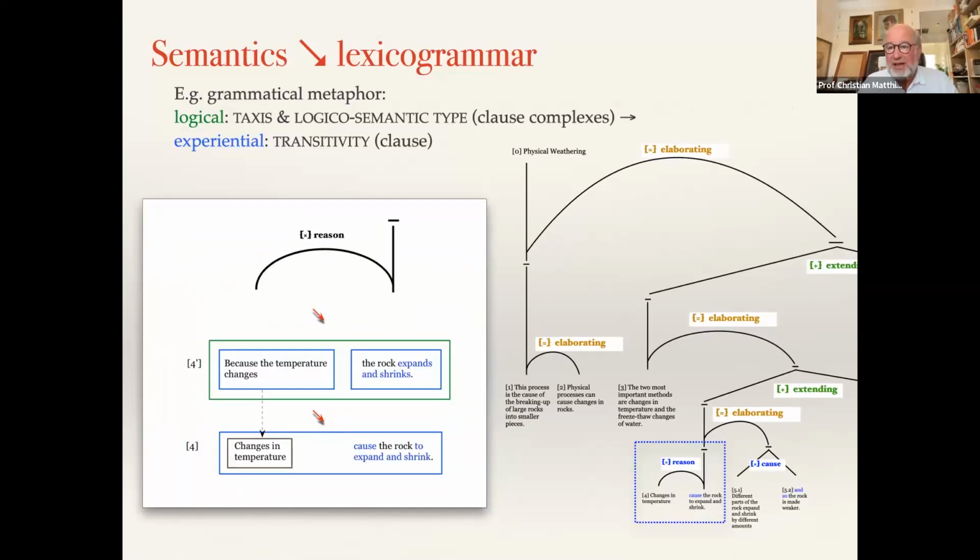And this would be more likely in a spoken version, more likely with children learning about this before they move into upper primary, lower secondary school. But the representation of this text is as one single clause with the process of changing nominalized as changes. So changes in temperature cause the rock to shrink and expand. So you can contrast these.